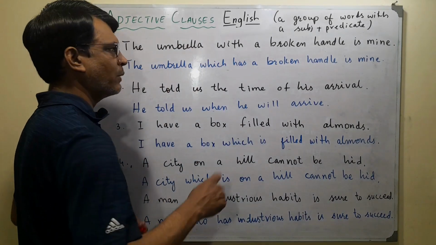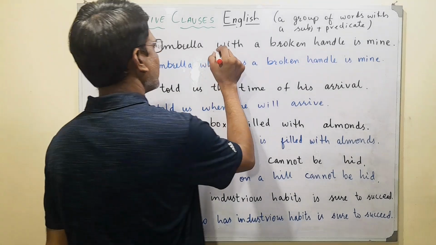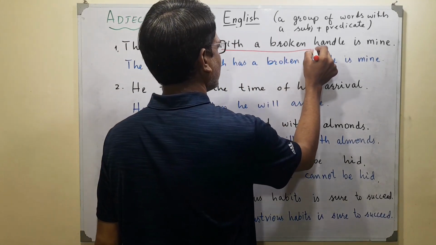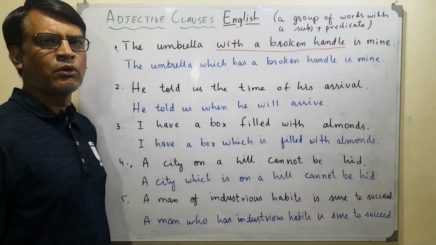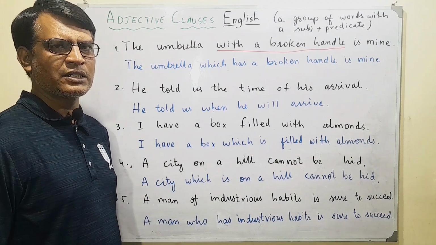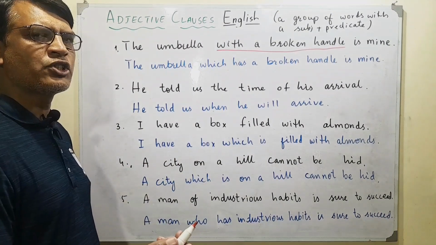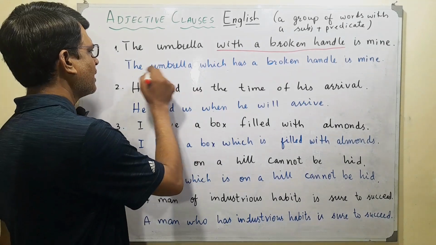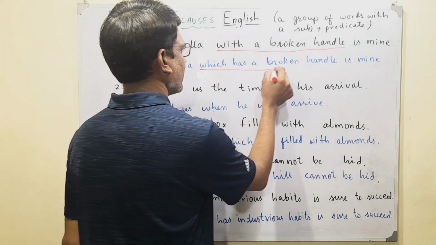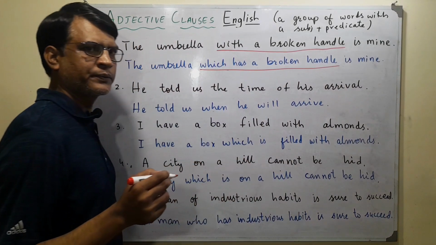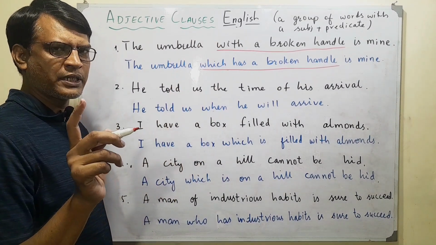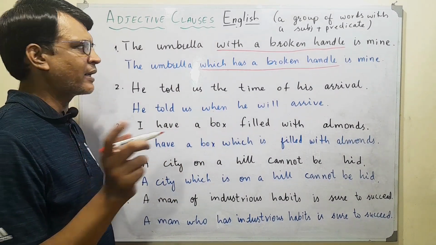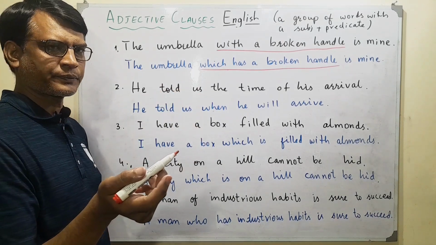Okay, so what is the phrase here? The phrase is with a broken handle. The umbrella with a broken handle, that is our adjective phrase. And how do we change this phrase into a clause? Well, we say the umbrella which has a broken handle. Now, in the phrase, there is no subject, no predicate. It's just with a broken handle.